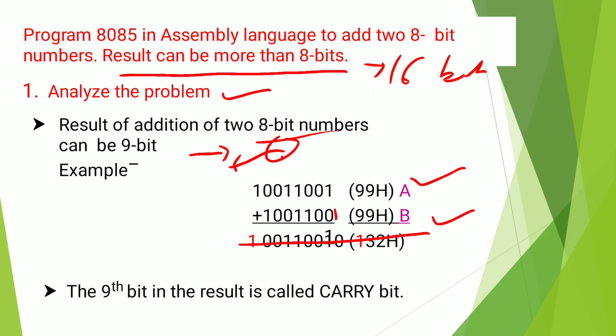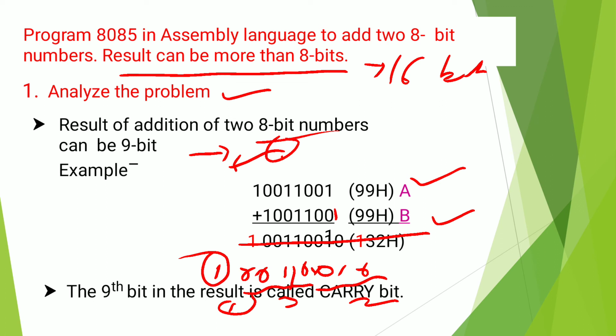The answer is 0011 0010 with a carry generated. So this one is 3, this one is 2, and this one is 1. So the 9th bit in the result is called the carry. So this one is the carry.